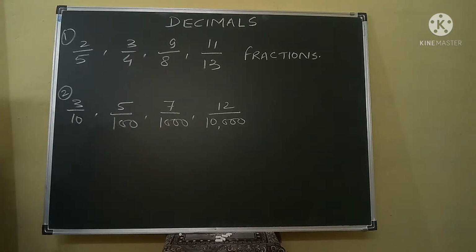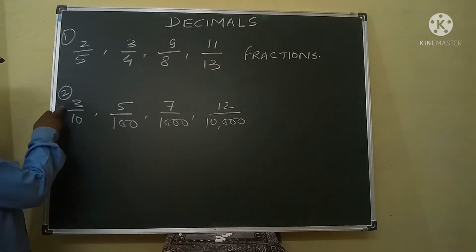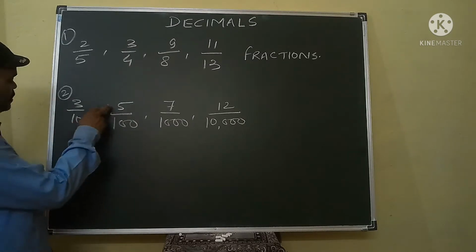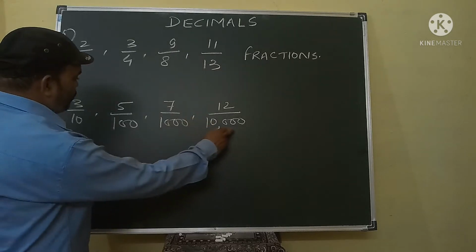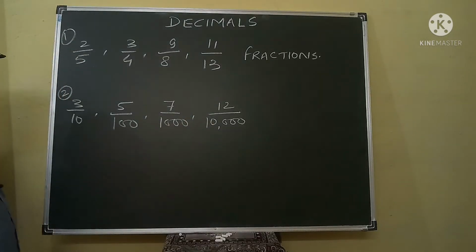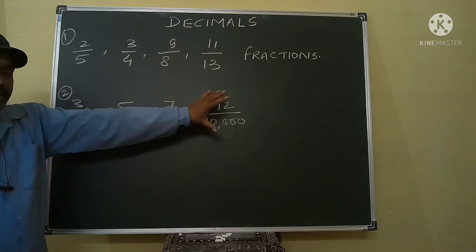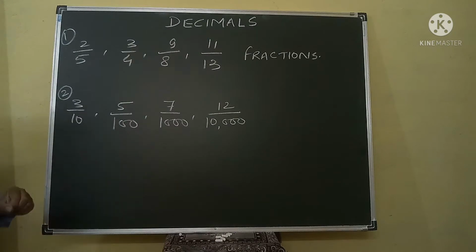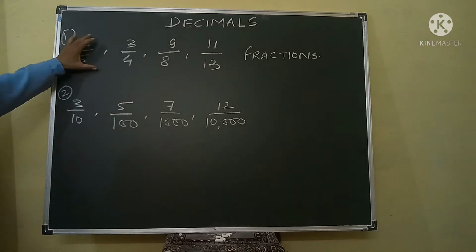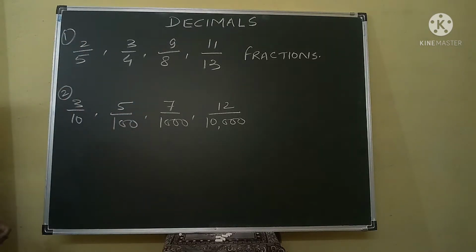Then this is the first example and this is the second example. In the second example, what you are looking at is 3 upon 10, 5 upon 100, 7 upon 1000, 12 upon 10,000. This is also a fraction. But what is the main difference between the first example and the second example?